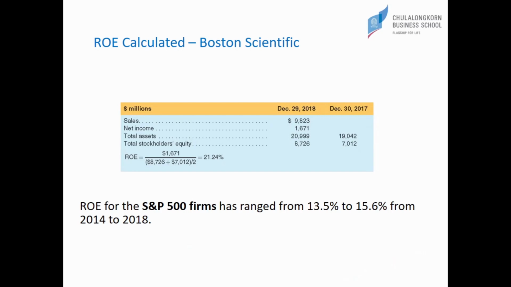So in order to analyze this number, we have to compare it to some benchmark, right? Usually an industry competitor, or we can compare it to the S&P 500, which ranged from 13.5 to 13.6 between 2014 and 2018. From this, we can see the ROE of Boston Scientific is considered very high. So this company was very profitable.